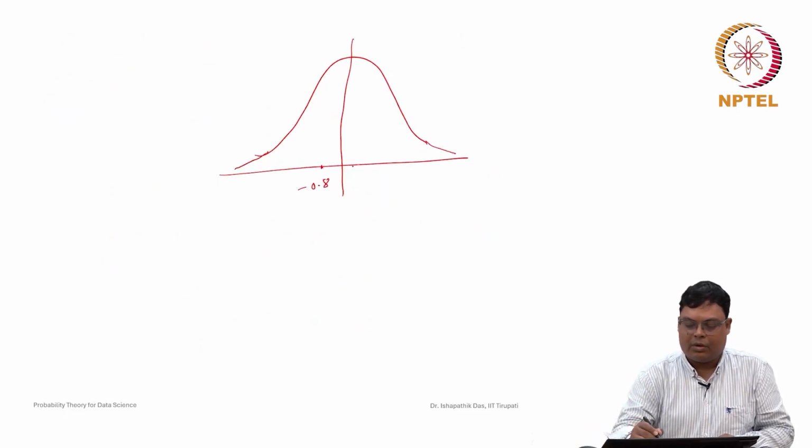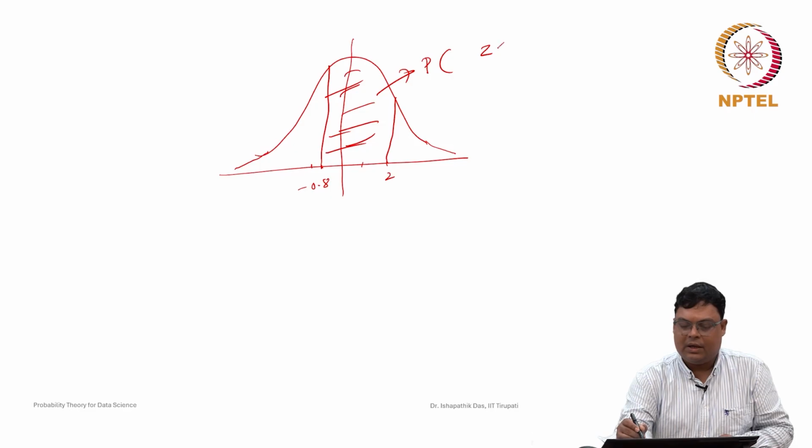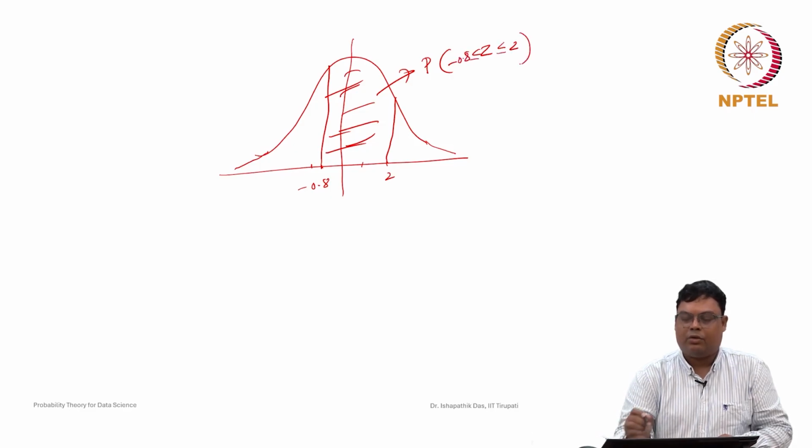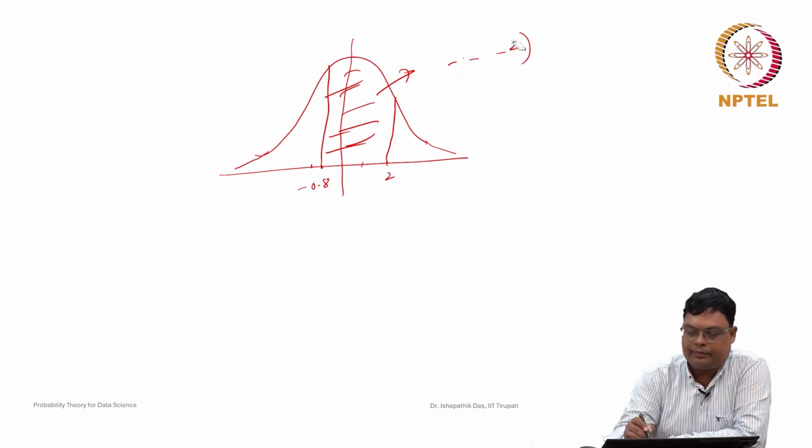Suppose this is minus 0.8, this is 1, 2. This is the area that is asked for. So, this is the probability that z is less than or equal to 2 and greater than or equal to minus 0.8.